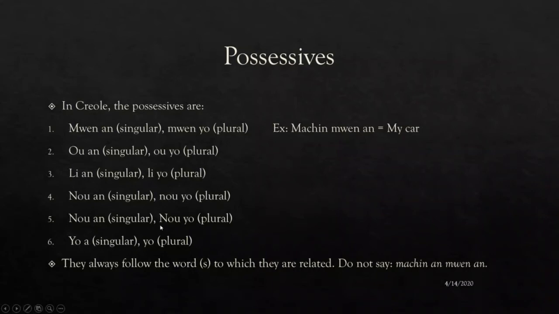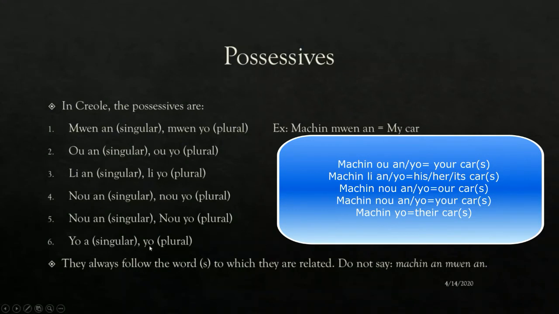How do they form those possessives? They just use moins, ou, li, no, no, yo, and then they add an article behind them. That's the technique that I feel Haitian speakers use.